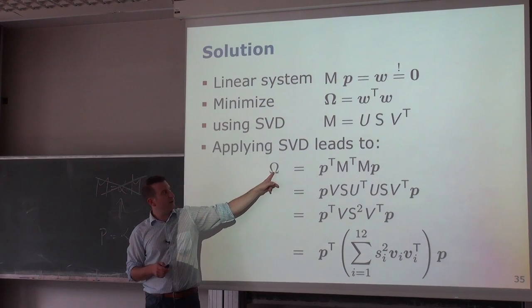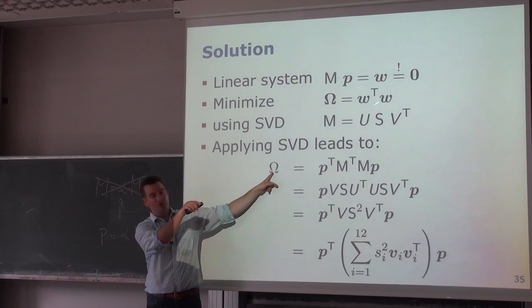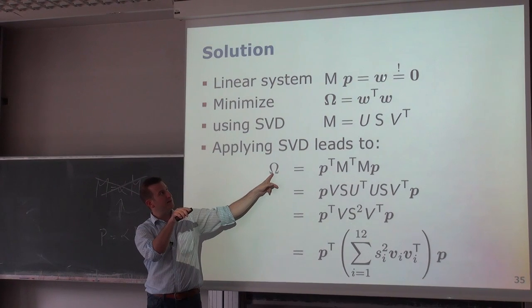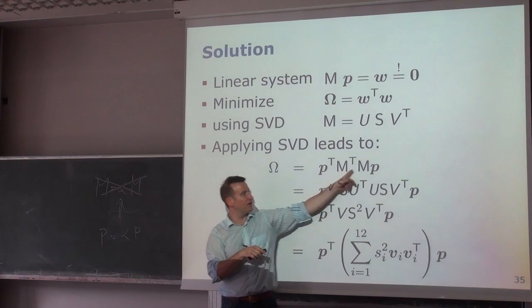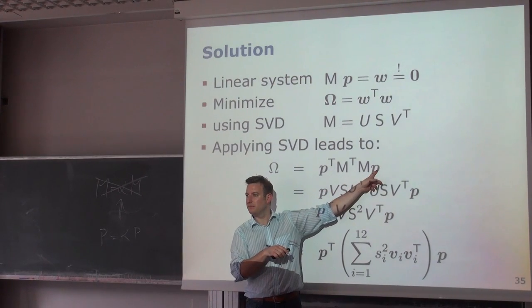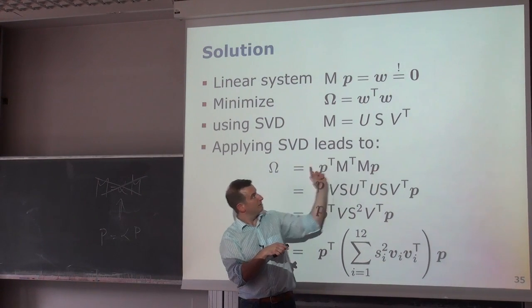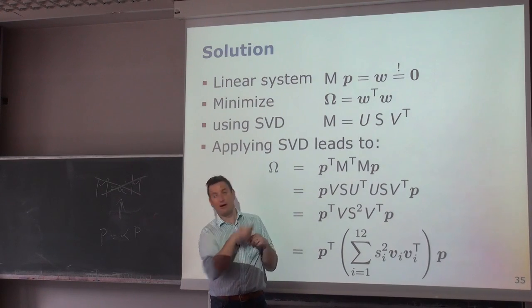The sum of the squared errors is W transpose W. So I can say W equals M times P, so this is P transposed, M transposed, M P. Just the definition of our contradictions.